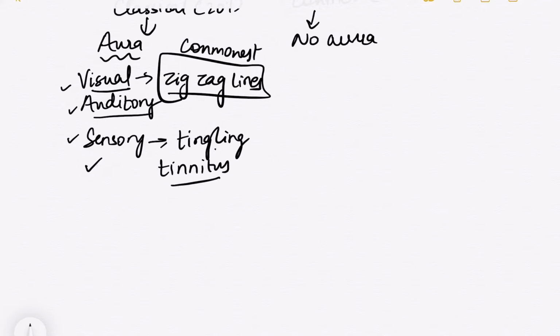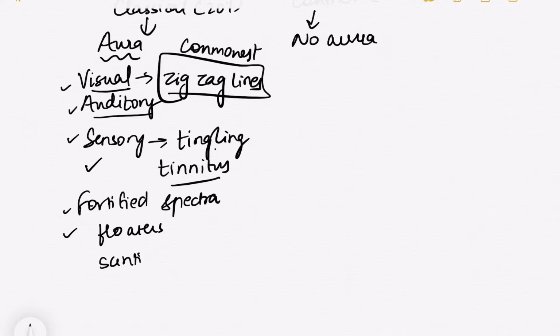In visual we can have fortified spectra, floaters, and scintillating scotomas. Now you need to remember that this aura occurs half an hour before the actual headache.